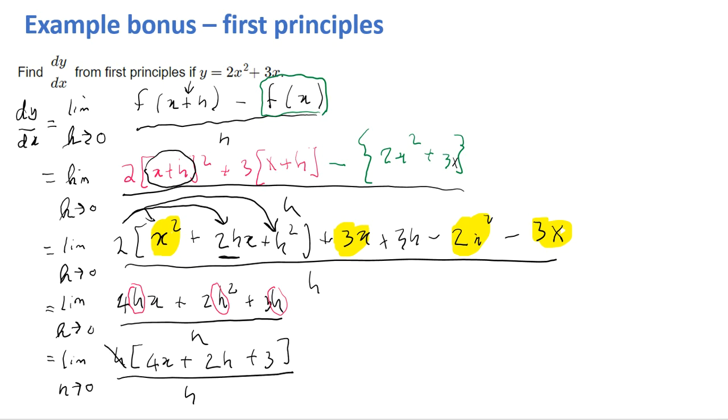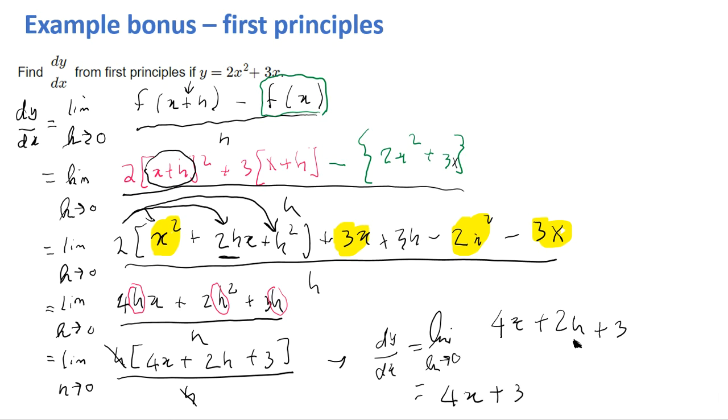These cancel out, and we get that dy/dx equals the limit of h approaching 0 of 4x plus 2h plus 3, and so that equals, as h approaches 0, 4x plus 3.